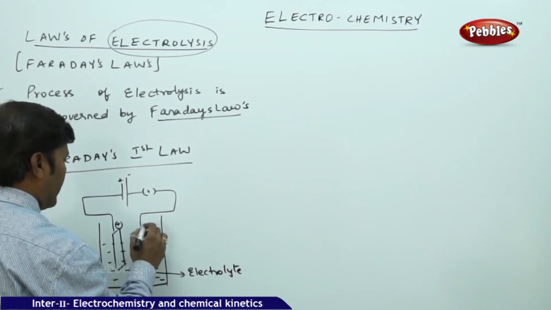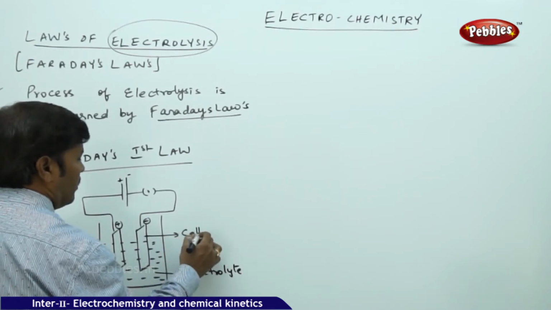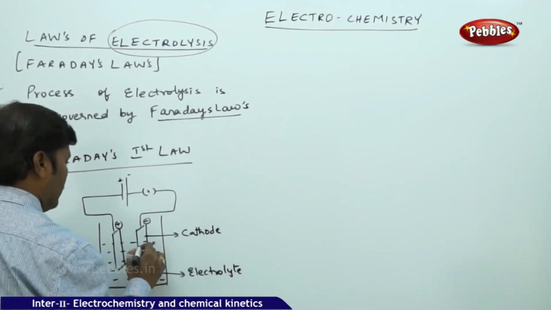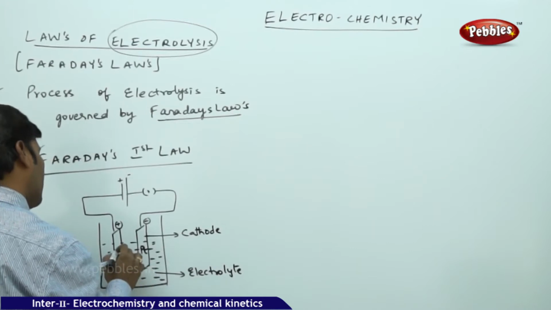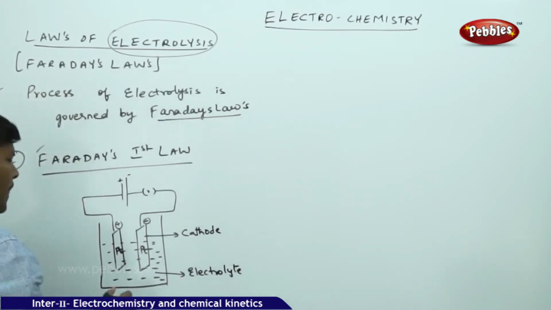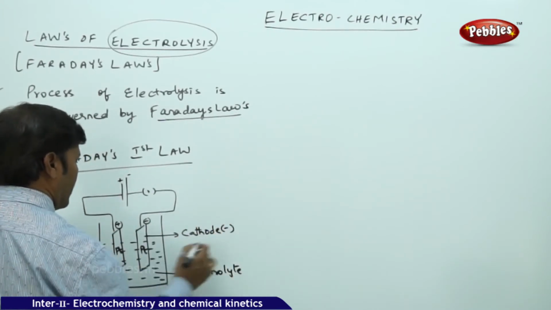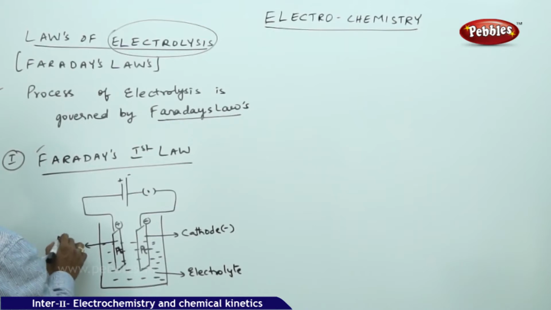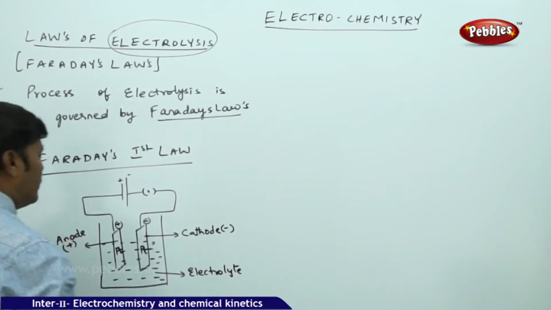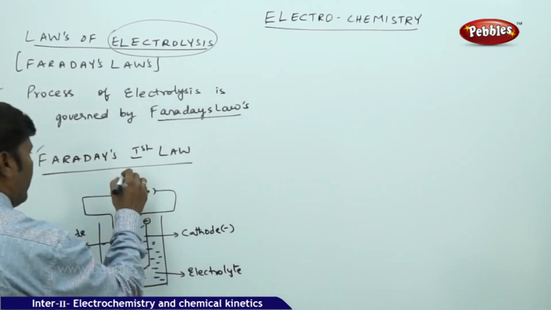Here you can see that this is acting as the cathode electrode. This is a platinum electrode, this is also a platinum electrode, inert electrodes you can take. This is the cathode electrode, which is given the negative sign convention, and this is the anode electrode, which is given the positive sign convention.